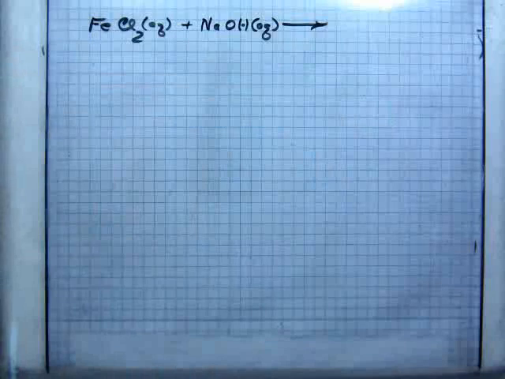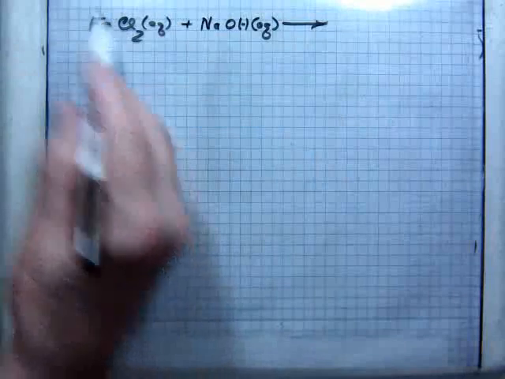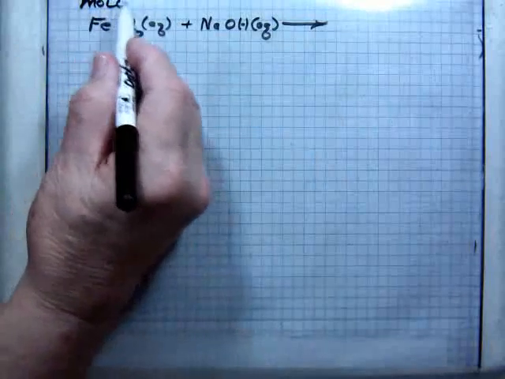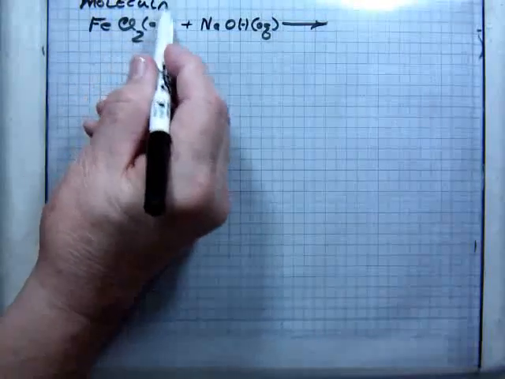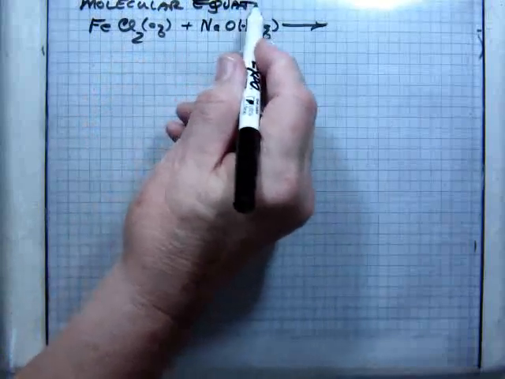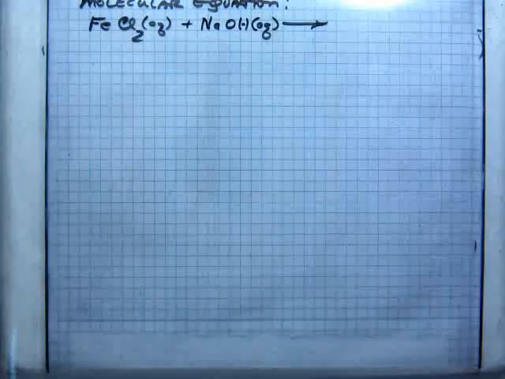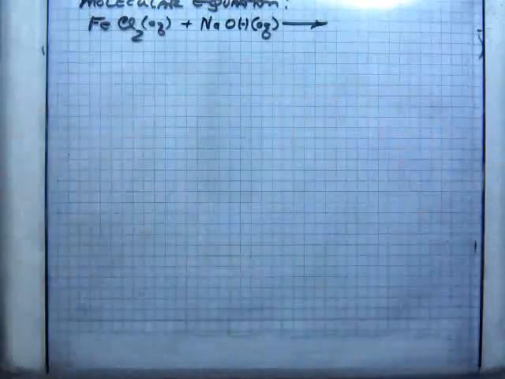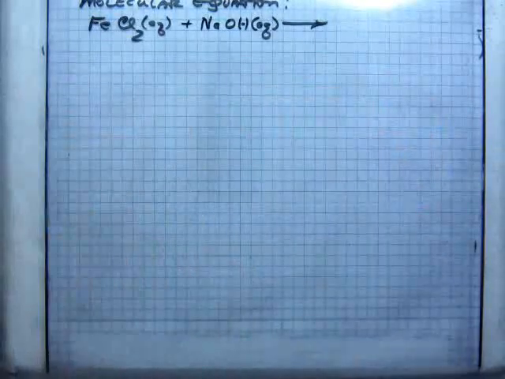Now, we're going to have 3 kinds of equations. The first one is a molecular equation, where everything's in sum of charges equals 0 and reduced to the molecular forms. Now, in predicting the outcome, remember AX plus BY goes to AY plus BX.